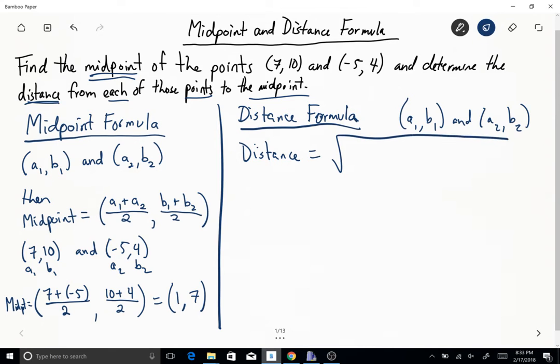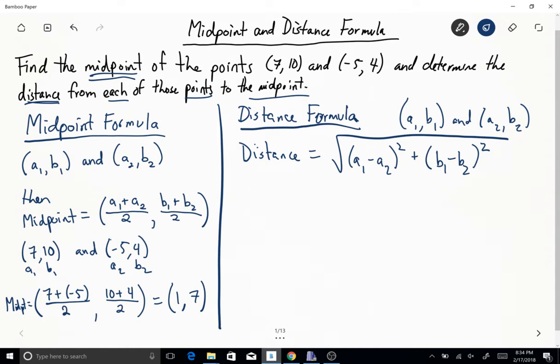So this formula is basically Pythagorean's theorem at work. You subtract the 2 x coordinates, and then you add that to subtracting the 2 y coordinates. Now you might be concerned in terms of order here. As long as you're grouping the x terms together and taking that difference, and grouping the y terms together and taking that difference, you'll always get that distance to be correct, and then you're squaring that.